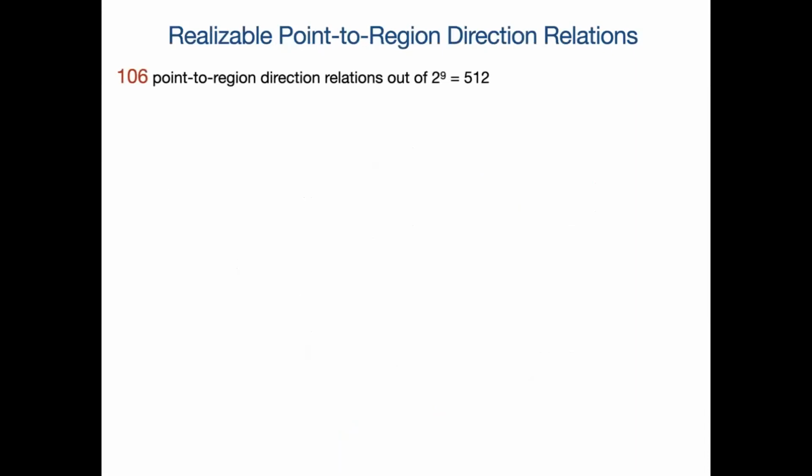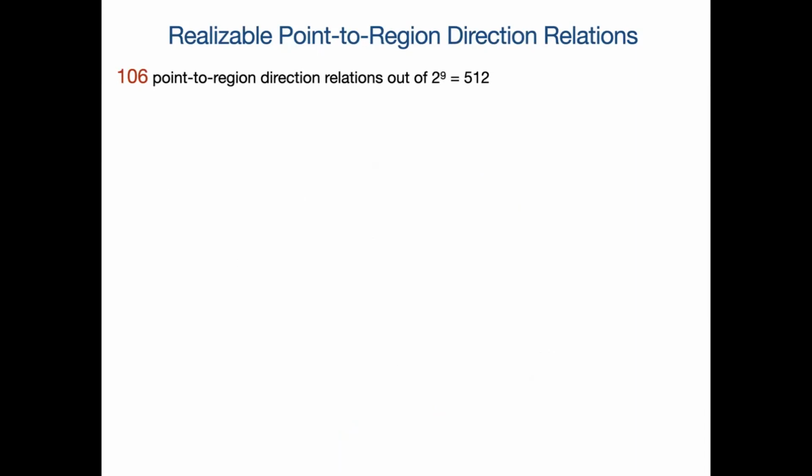Then what are the realizable point-to-region relations? The point exists everywhere. It's an infinity. We can define infinite direction relations, but we need a finite set to define these direction relations. So we organize the 9 elements, and 9 elements yield 512 different configurations.